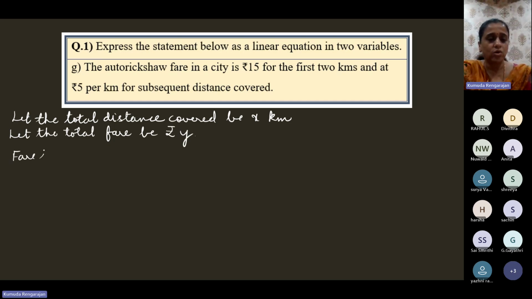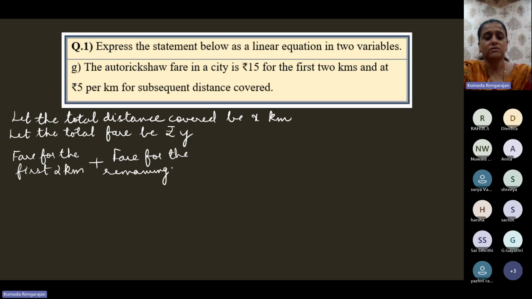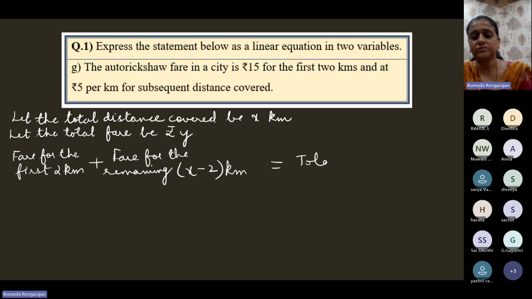Fare for the first 2 kilometers plus fare for the remaining. Totally x kilometers, so x minus 2 is the remaining distance. So fare for the remaining x minus 2 kilometers is equal to the total fare, the total money.